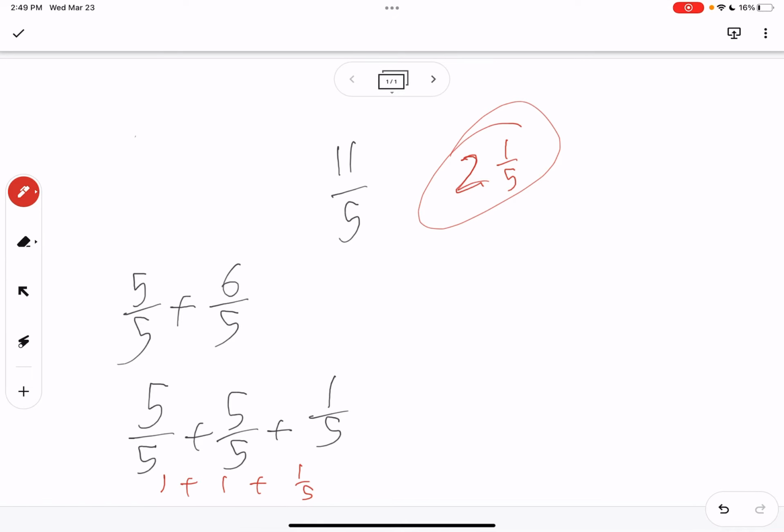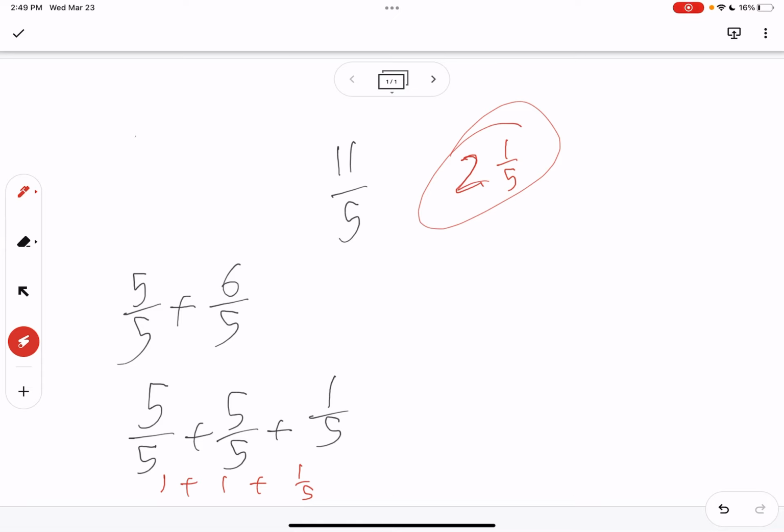Do you see how I did that? When I have an improper fraction, I pull out all of the whole fractions that I can, I write how many whole fractions I've got, and whatever the remainder is becomes my numerator.